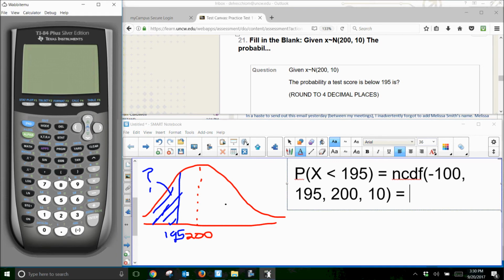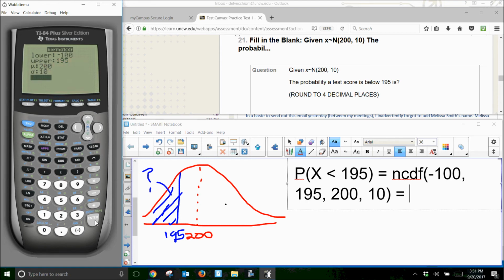So I'll show this on the calculator here. So do second vars. Go down to normal CDF. For a lower bound, again, we'll use negative 100, which would be more than enough. For the upper bound, we'll put 195. And then for the mean, 200, and the standard deviation of 10. All right, upper bound 195, mean of 200, and standard deviation of 10.